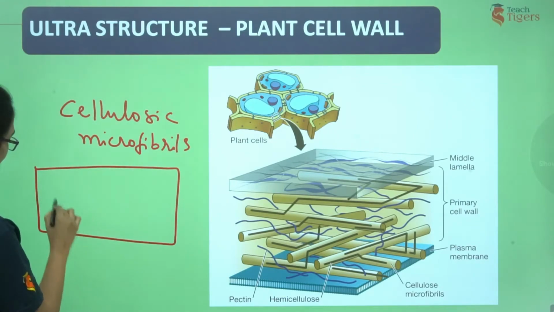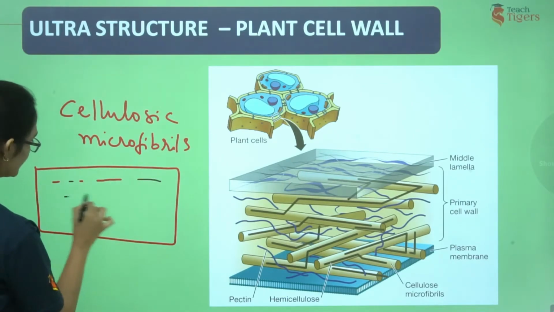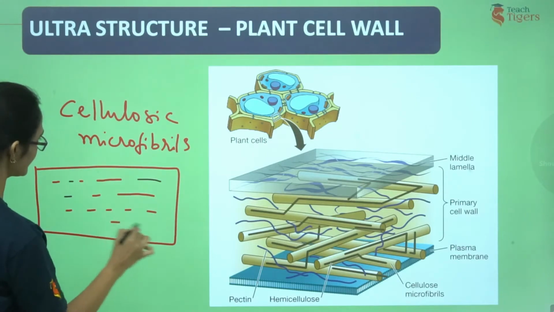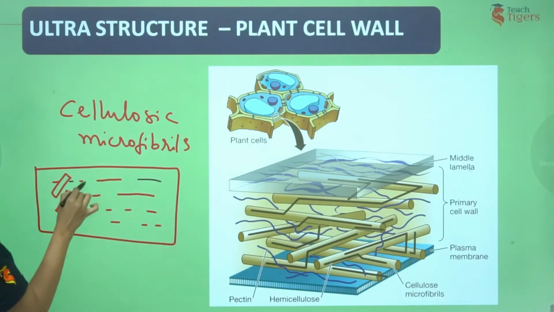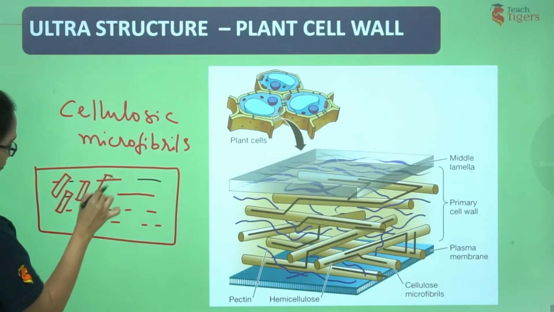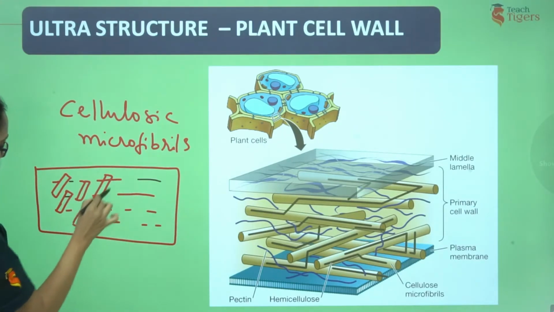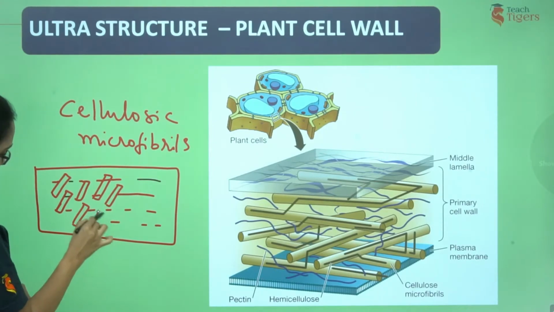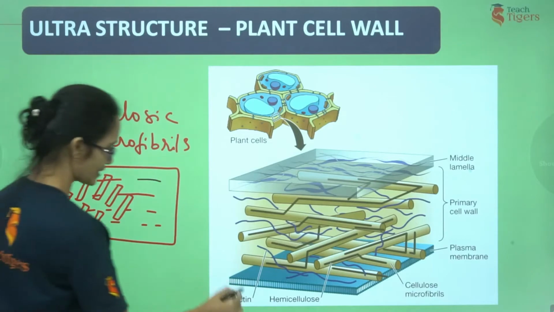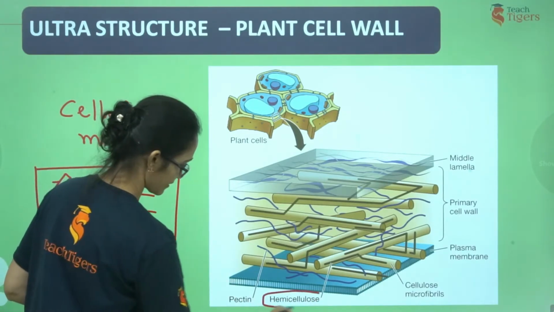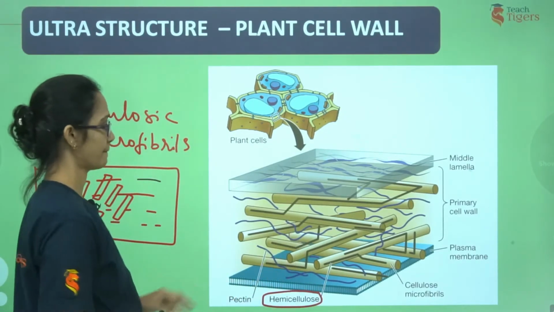Pectin will act as a matrix, right? Now within this pectin matrix, you have the cellulosic microfibrils arranged like this, and these cellulosic microfibrils are held together with the help of hemicellulose, right?